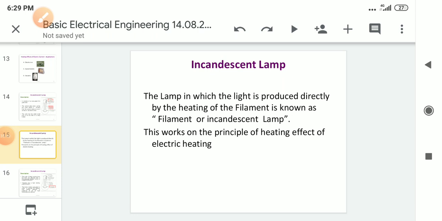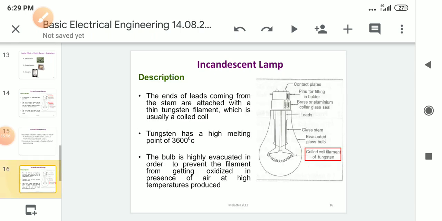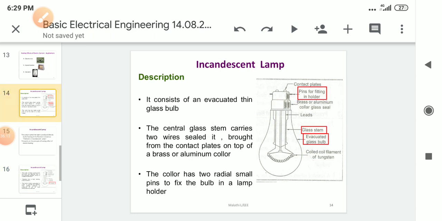What is the working principle for this? The working principle for this is the heating effect of electrical energy. Let's see the construction and working. These are the parts we observed in the construction. Let's see its working.